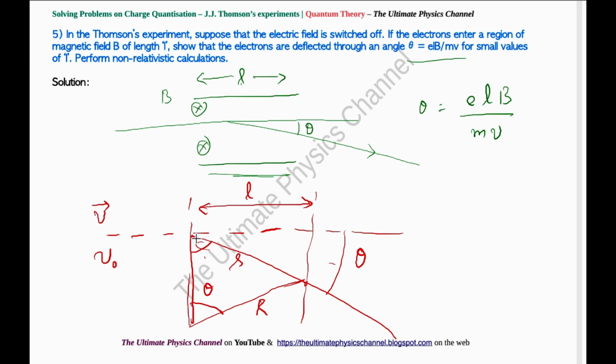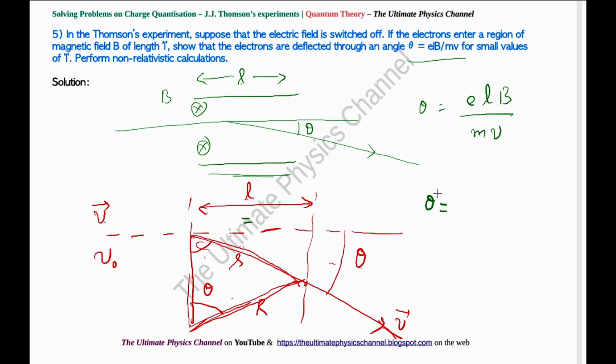This is the arc of a circle, and this is the radius of the circle, and this is theta, therefore this and this both are thetas. Now the direction of the velocity of the beam is changing. It is now going this way. Now we can write straight away, for small values of theta, L and S are nearly equal.